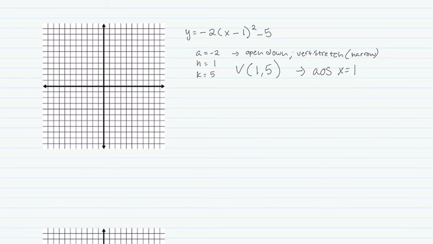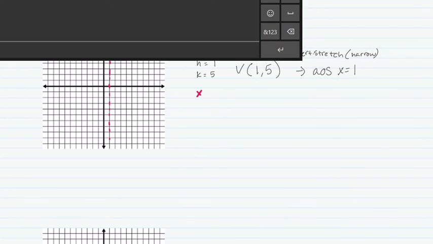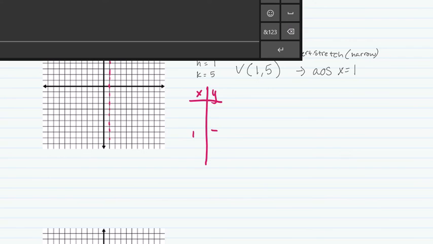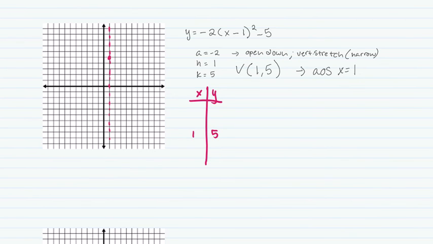So I'm going to go ahead and graph that. (1, negative 5), and here is my axis of symmetry. From this point, I can go ahead and do my lovely t-chart here. I can put 1 in the middle and find a couple of points on either side. If I go to the left, 0, negative 1, negative 2, and on the right it would be 2, 3, 4.